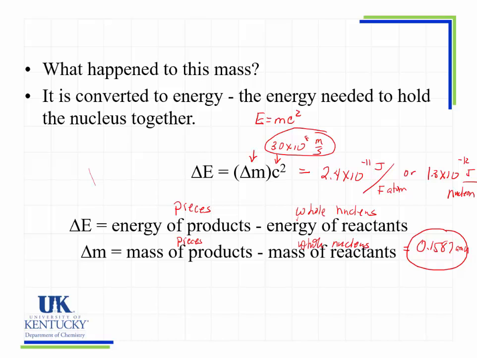If I wanted to take fluorine and pull it apart into its individual nucleons, I would have to apply that much energy total, or this much energy for every nucleon that I want to pull off. Now, if it requires energy for them to be pulled apart, it would release energy when they come together.